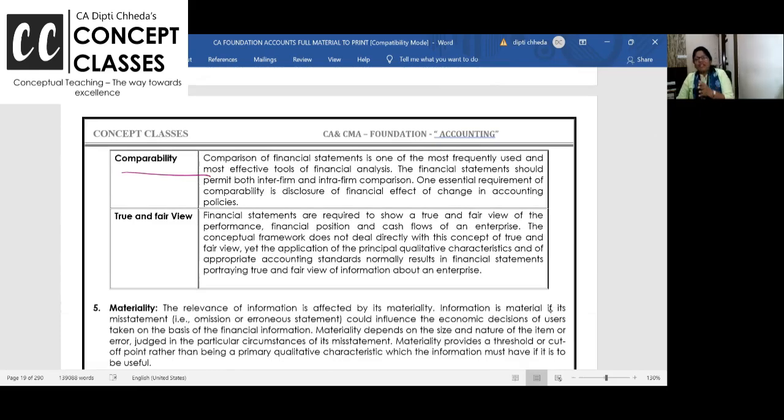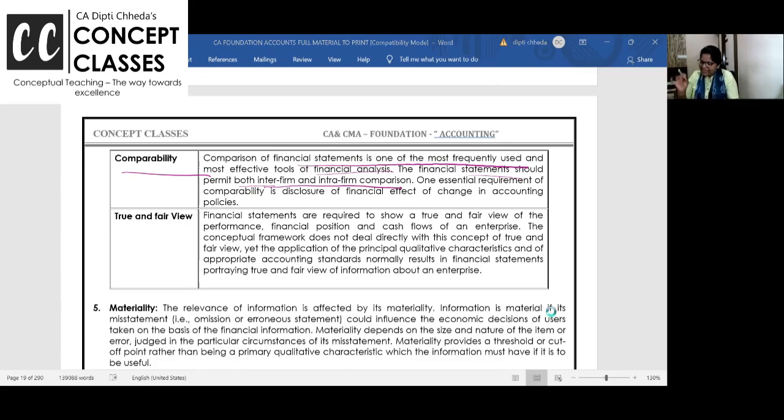Comparability. Your financial statement should be comparable with your own data for the previous year, with the industry and all. So comparison of financial statements is one of the most frequently used qualitative characteristics, right? The financial statement should permit both intra-firm and inter-firm comparison. I've already used these words.